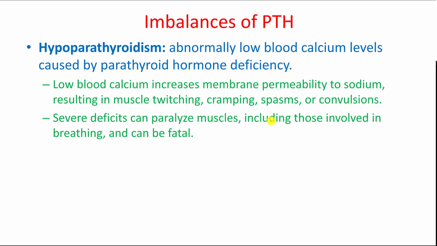Similarly, if we have low calcium levels, it means we have more deposition of bones or more creation of bones, and sometimes it will lead to irregular bone formations. But importantly, it will affect the functions of the muscles, the function of the nervous system, and sometimes in severe cases it might be fatal because we are losing the functions of the heart in case of low calcium levels.